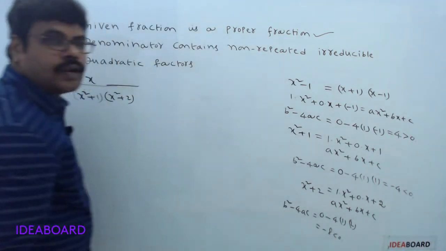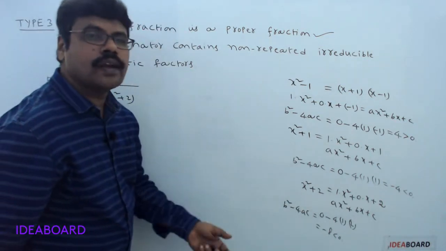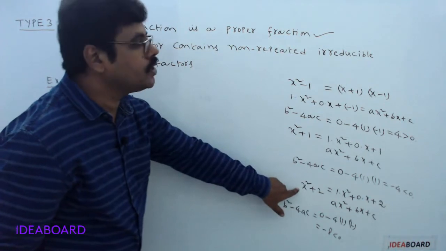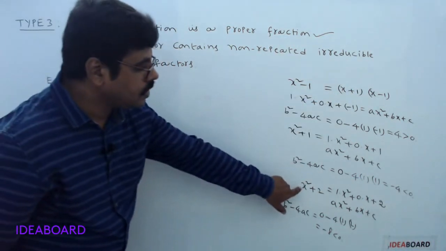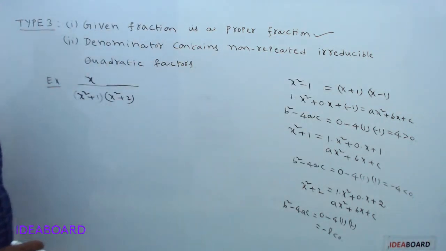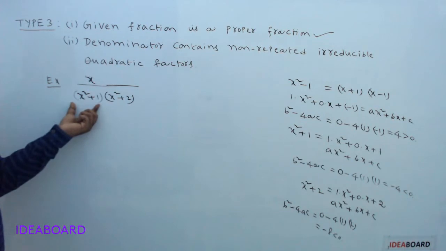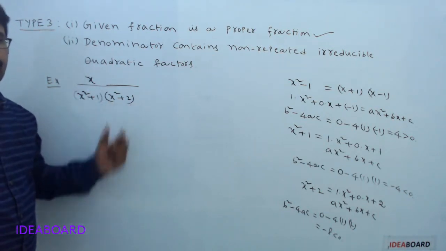It is negative, so we cannot factorize this expression into a product of two linear factors. Simply it is called an irreducible quadratic factor. So both are irreducible quadratic factors.